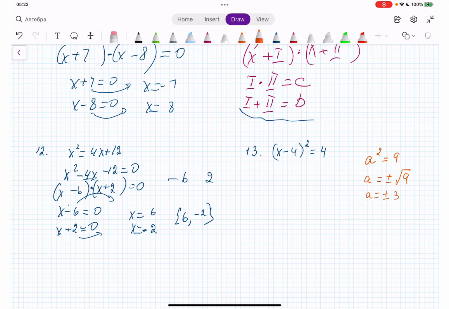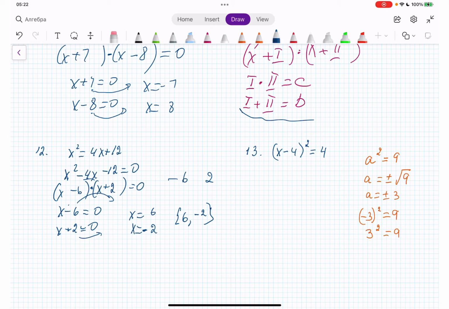Why do we have plus minus? Because negative 3 squared equals 9. Also positive 3 squared equals 9. So the same way we're going to solve this problem.